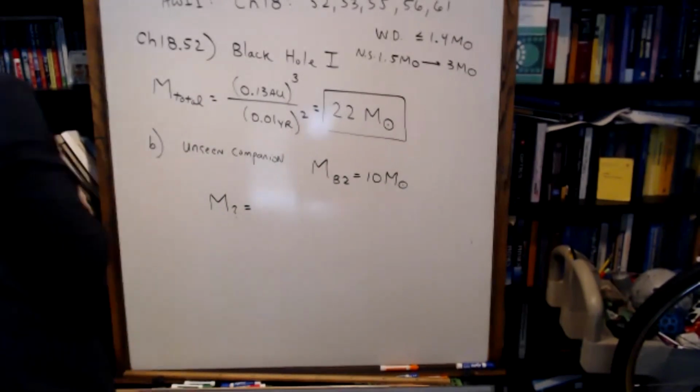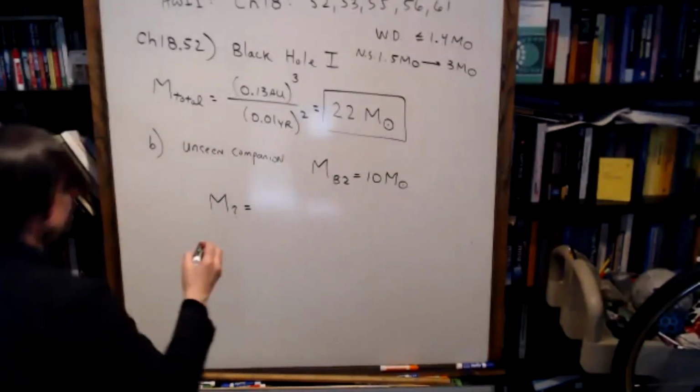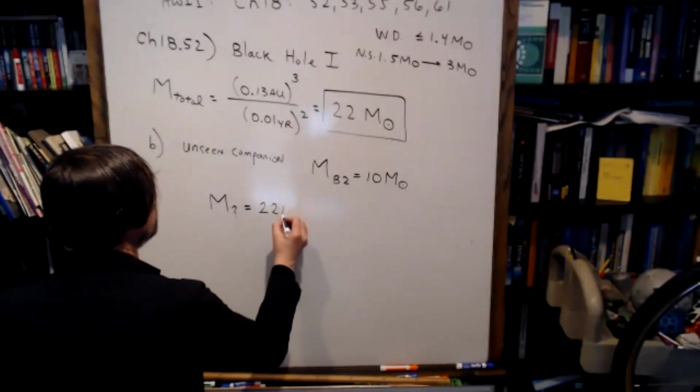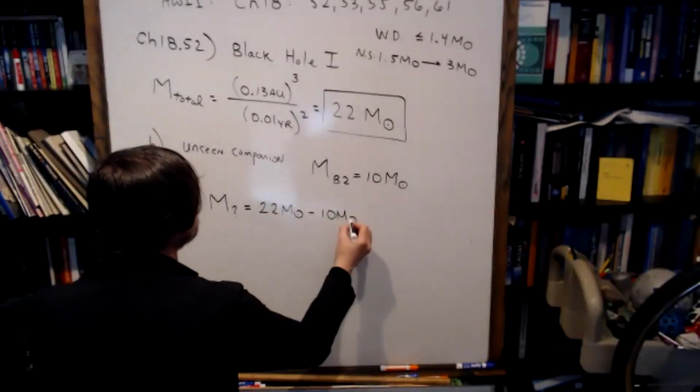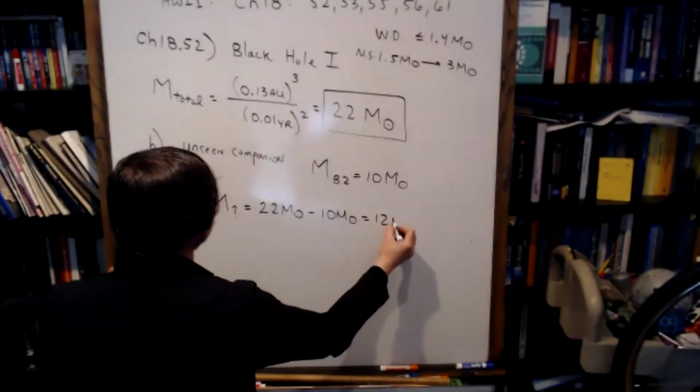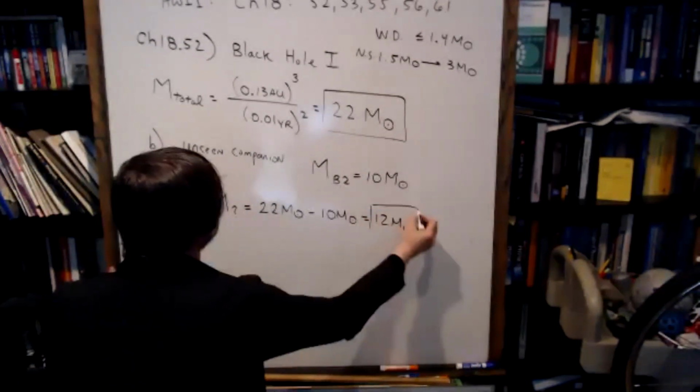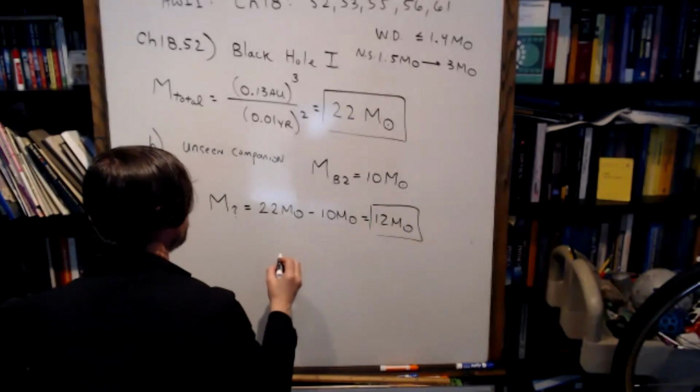That's simple subtraction. Yeah, that's my point. It's 12 solar masses. What's my unseen companion? Black hole. Yeah.